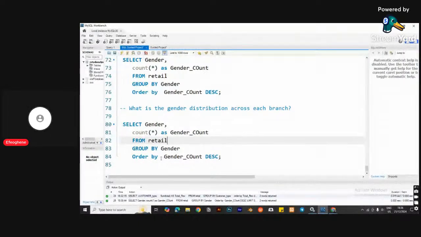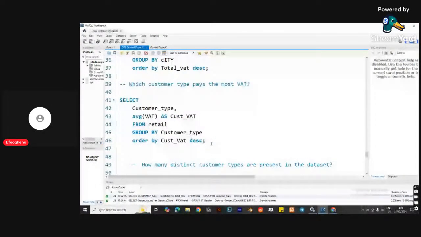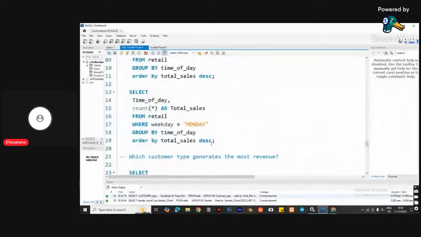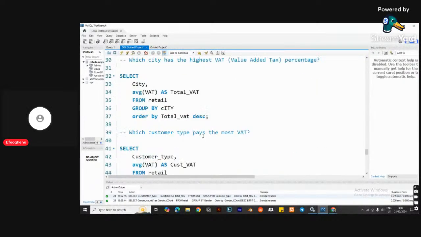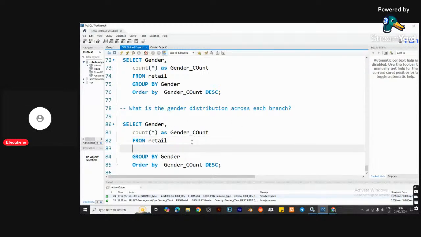All right, so we are going to use the where clause, just the way we used the where clause before. It's the same thing with gender distribution: what's the gender distribution across each branch? We include the where clause after the from keyword.